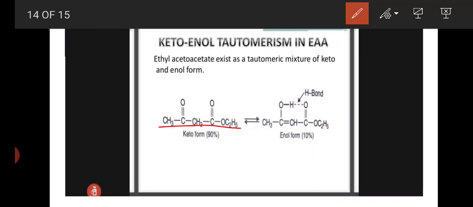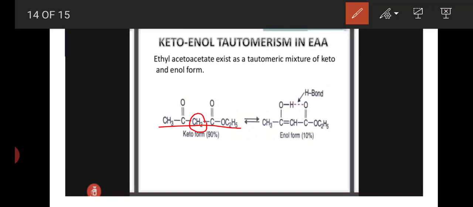CH3, C double bond O, CH2, C double bond O and OC2H5. This compound is the keto form. C double bond O is there, so it is called the keto form. Then it is shifted to the enol form. Here two alpha hydrogens are present.